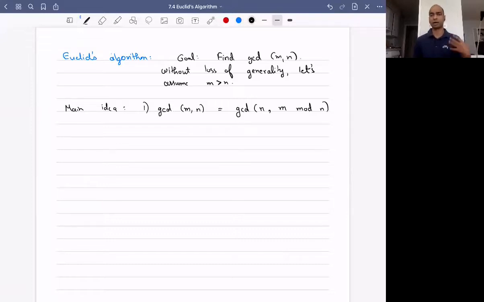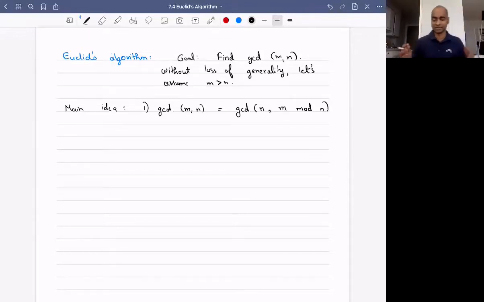The proof of this is in the book. I think it's going to take a while to go through Euclid's algorithm, so I don't want to make this video too long, so I'll skip the proof. But the proof is not difficult. If you understand GCDs well, you can prove this by yourself. It's a direct proof. You just have to expand out what GCD means and complete the proof.